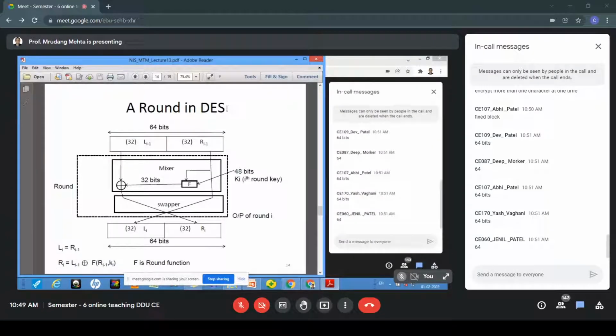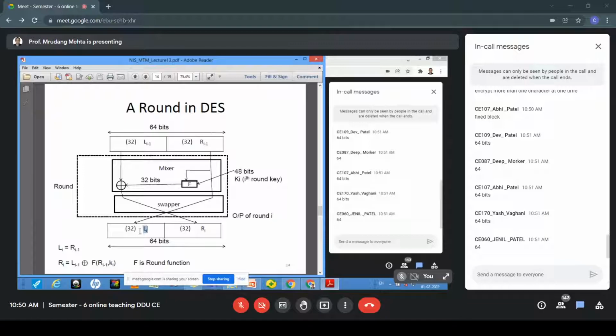This is one round in DES. This diagram shows one round, and all 16 rounds are like this. The basic structure of the round is the same. So in round i, the 64-bit input is Li of 32-bit and Ri of 32-bit.